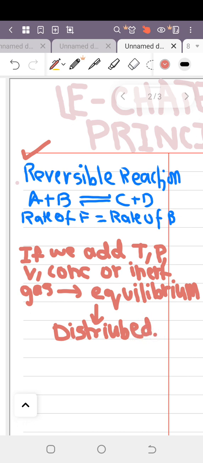Now, whenever the equilibrium is disturbed, it will try to undo the change.